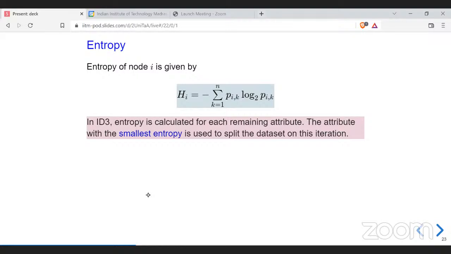You are asking why base 2? I'm not sure about the actual answer, and I need to find it out. I think if you take another base, that won't affect the final outcome, but your entropy value may go higher than 1. So basically, we use log base 2 for finding the entropy.